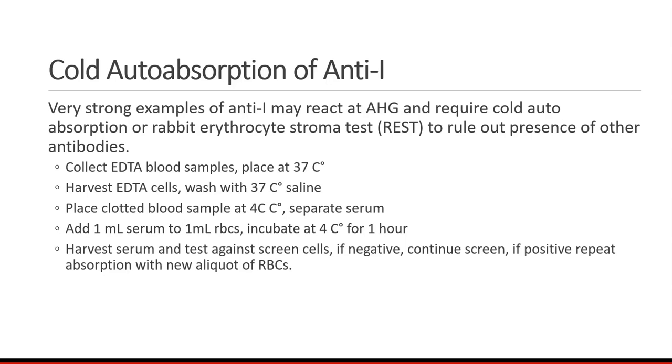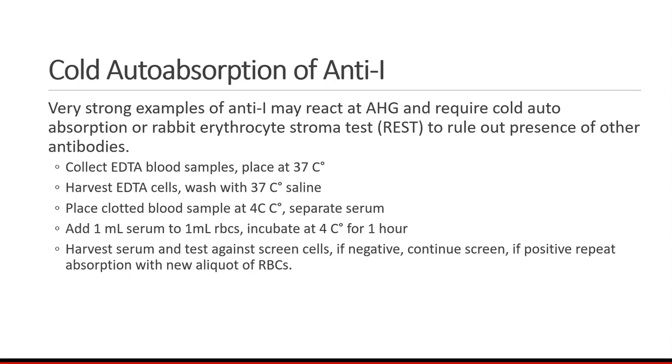Some institutions will not allow pre-warm techniques to be done because you really need to be pretty knowledgeable and have a great deal of expertise to know when you can do that test, because otherwise you may be pre-warming away antibodies that are clinically significant. So the first step is you collect EDTA blood samples from the patient and place them at 37 degrees.